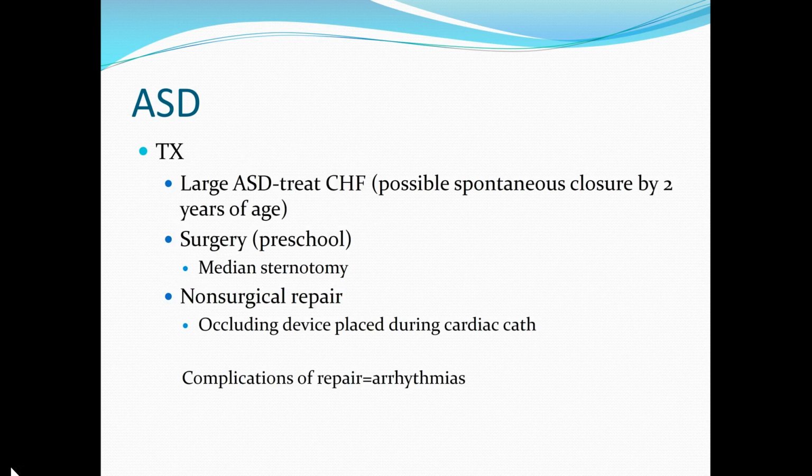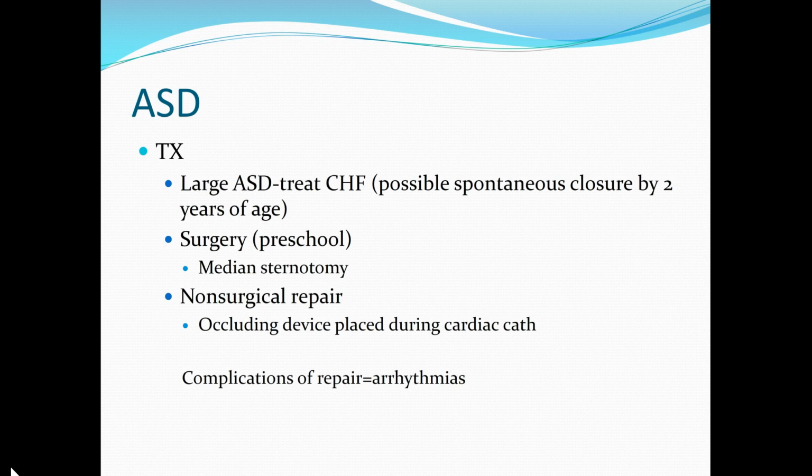So treatment, if it is a large ASD, you're going to treat the congestive heart failure. There is possible spontaneous closure by 2 years of age. So if it hasn't closed by 2 years of age, around preschool, they're going to go ahead and do surgery.